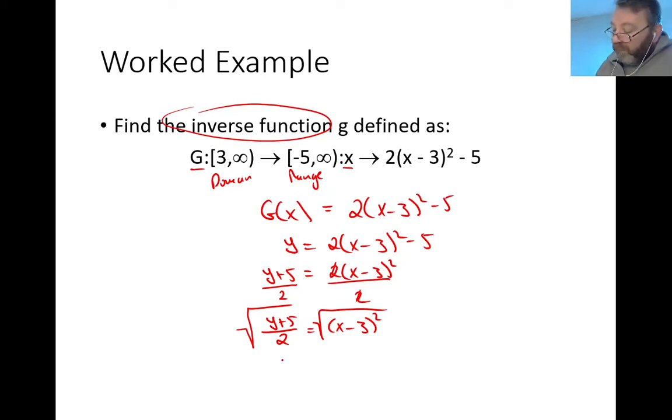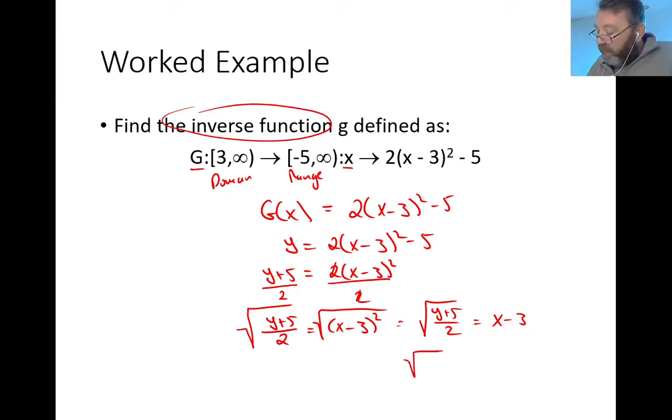So what do we end up with then? We end up with the square root of y plus 5 over 2 is equal to x minus 3. And the last step to get x on its own is to add 3 to both sides. So we get the square root of y plus 5 over 2 plus 3 is equal to x minus 3 plus 3, which cancels, and that is your finished manipulation.